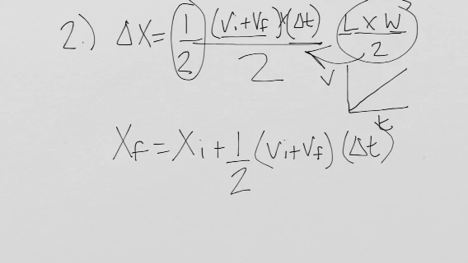That is equation number 2. And it can be used to calculate displacement. The reason we would choose this equation over equation number 3 is that this equation is missing one of those variables. Which one is not in this equation? There's no a here.